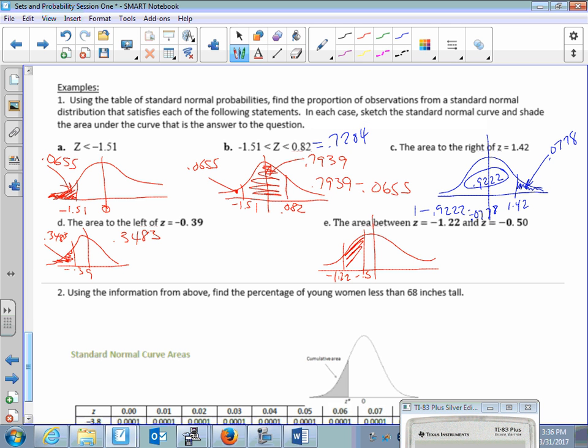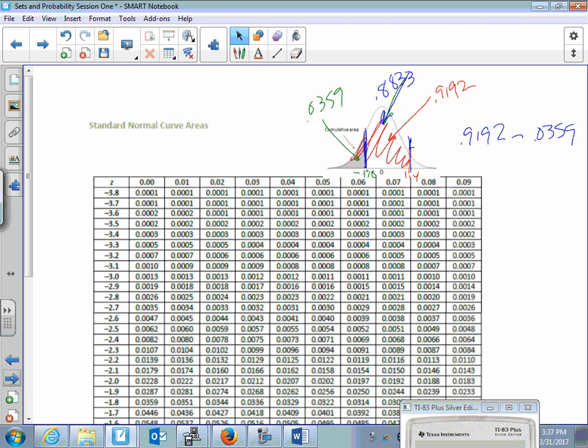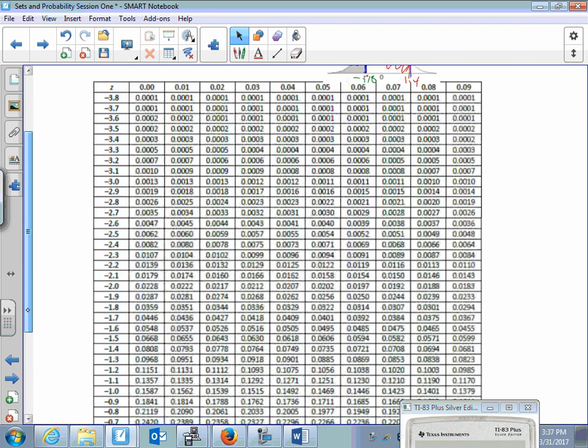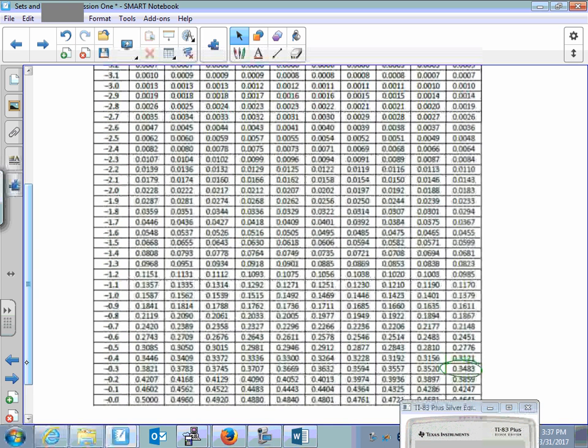And we're looking for this region here. So now we go to negative 1.22. I lost my circle. Here it is over here. So I get 0.1112.